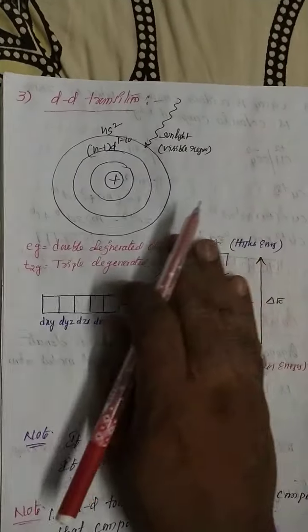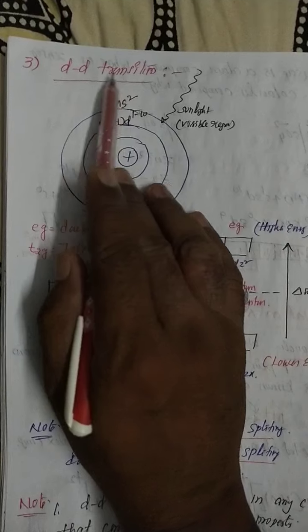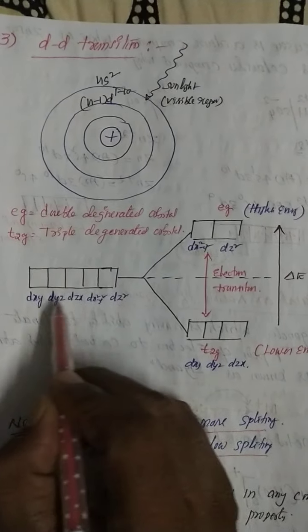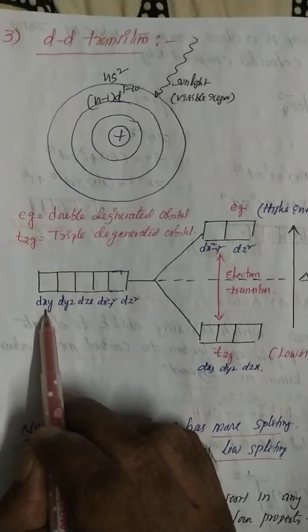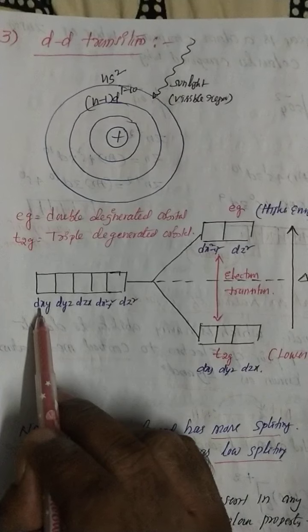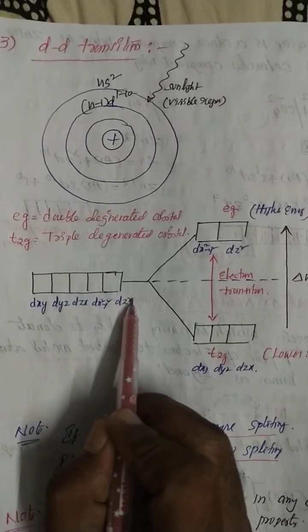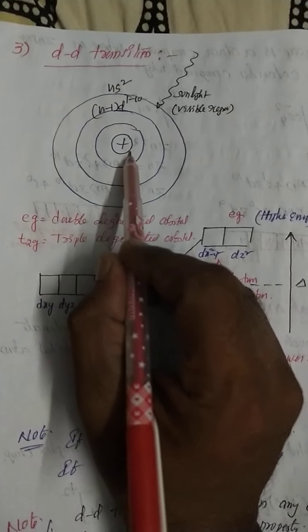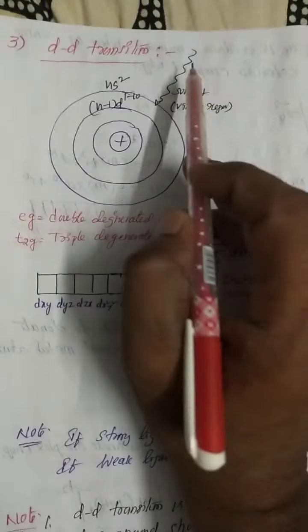The last and final reason deciding the color property is d-d transition. See carefully, this is the d orbital. It splits into 5 categories: dxy, dyz, dzx, dx square minus y square, and dz square. For example, take this d orbital present in a given compound or complex, which has unpaired electrons.